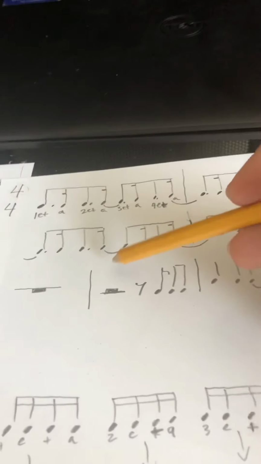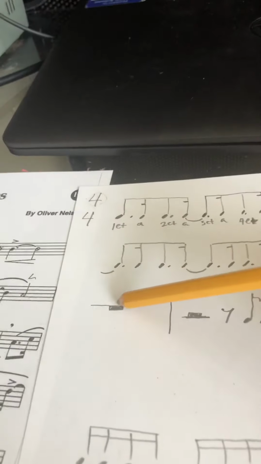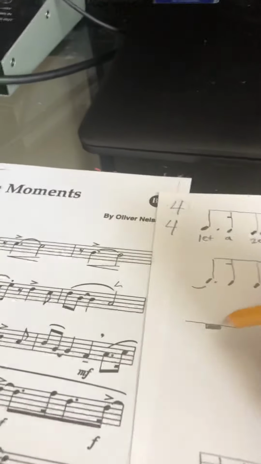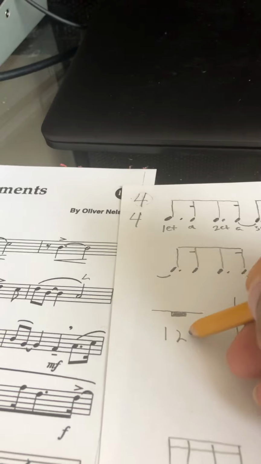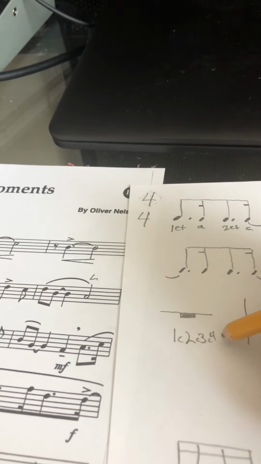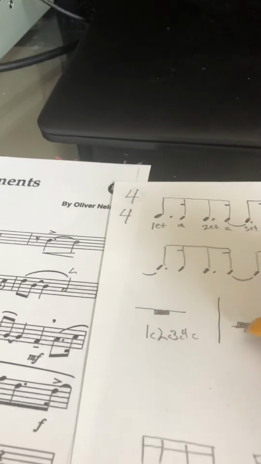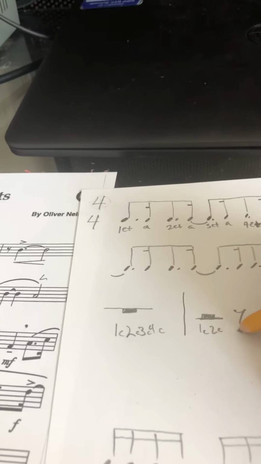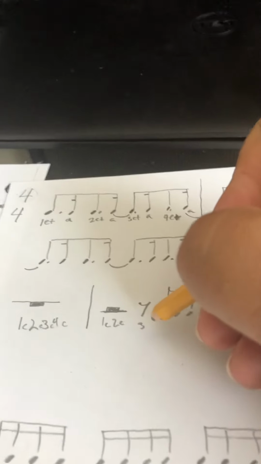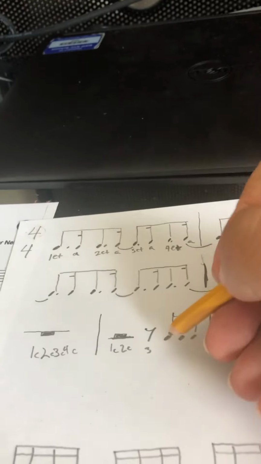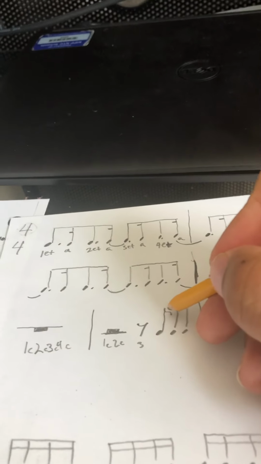So, whole rest, half rest. So we go 1, 2, 3, 4, full counts. 1 full count, 2 full count, 3. This is the downbeat of 3. That's an eighth rest, downbeat of 3. So this is a single eighth note.